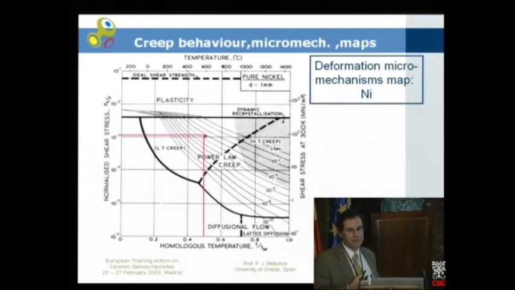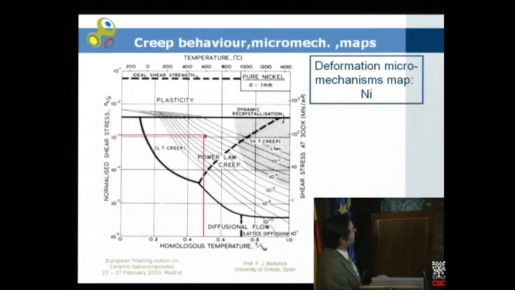The elastic modulus is a constant, so this vertical axis is related to the applied stress. And we have in the horizontal axis the homologous temperature, which is the service temperature over the melting temperature. Melting temperature is also a constant in a given material, so this axis is related directly to the service temperature.